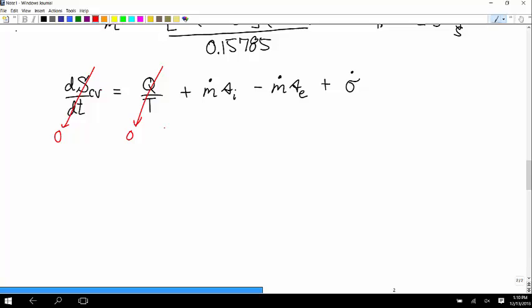So I'll write this as sigma dot is equal to m dot s e minus m dot s i.